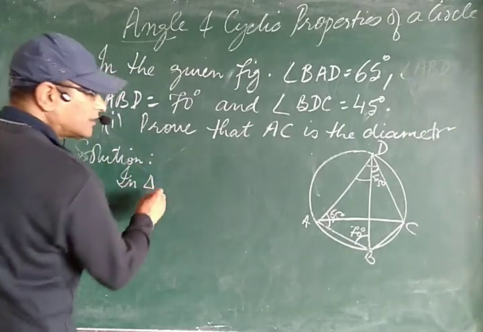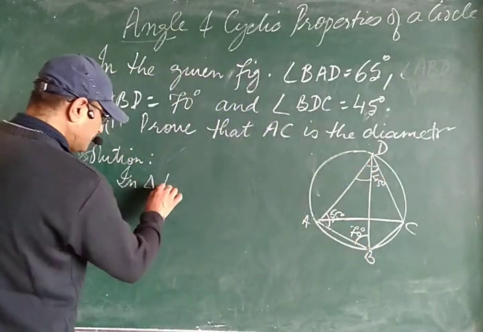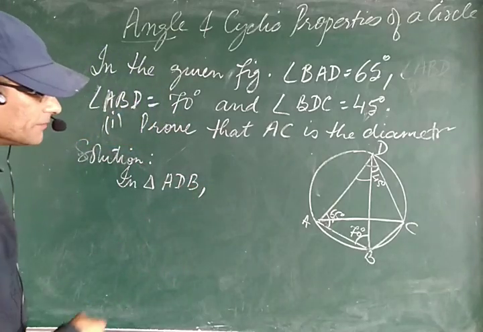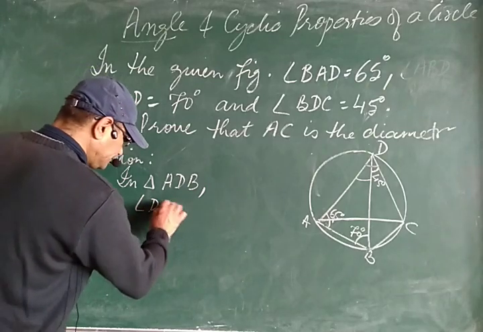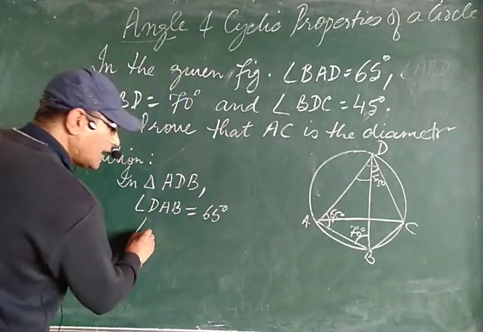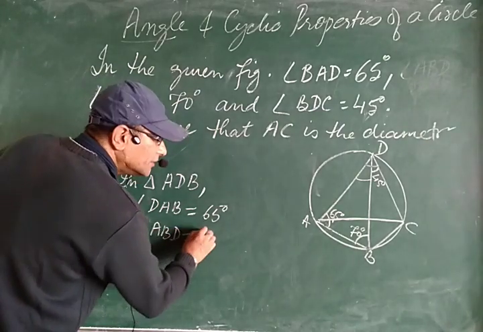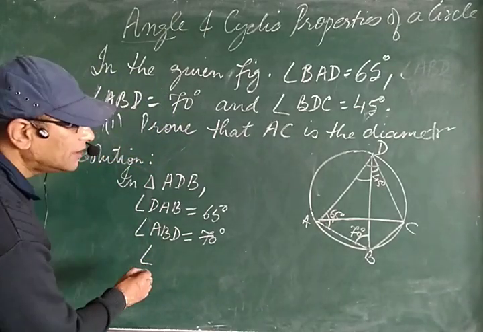In triangle ADB, what things are given? Angle DAB is equal to 65 degrees, that's given. Angle ABD is equal to 70 degrees, that's also given. Now we need to know how much angle ADB is.